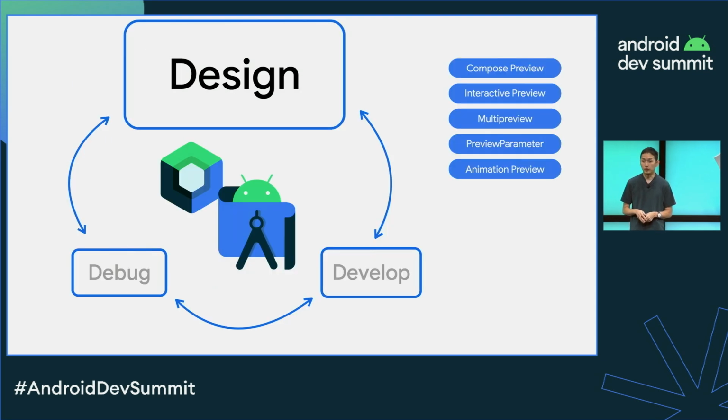Let's recap the tools in each workflow. In the design phase, compose preview and interactive preview let you validate your UIs. And the multi-preview allows you to evaluate the composable under different configurations. Preview parameter supplies sample data to populate more authentic previews. And animation preview lets you investigate animations.